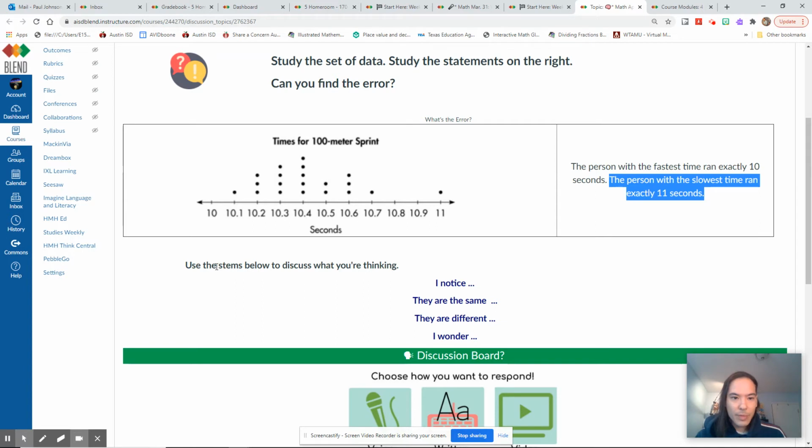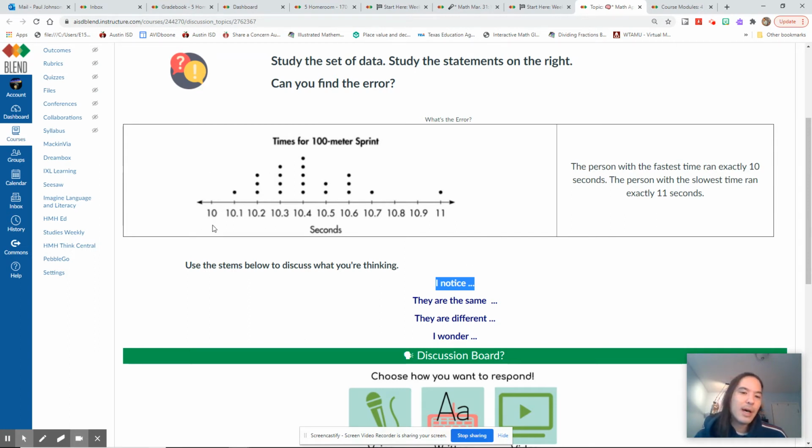All right. So what I notice is that we are looking at a dot plot that represents how fast people finished a race. I notice that this dot plot represents time. I notice that this dot plot has numerical pieces.